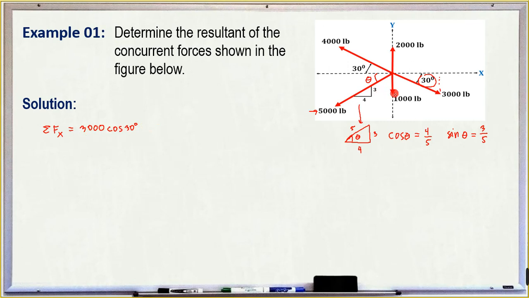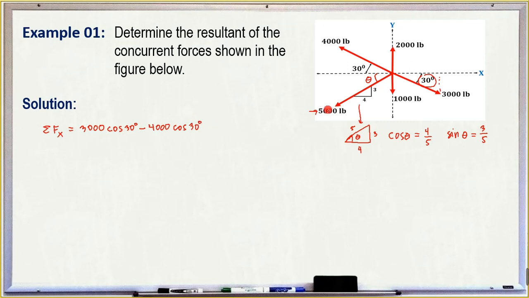Next, for 1,000 pounds, we don't have an x component since it is directed along the y-axis. The same thing with the 200 pounds. Then the 400 pounds is pointing on the left side, so it is negative: negative 400 times cosine of 30 degrees.